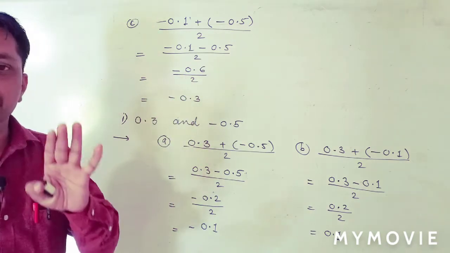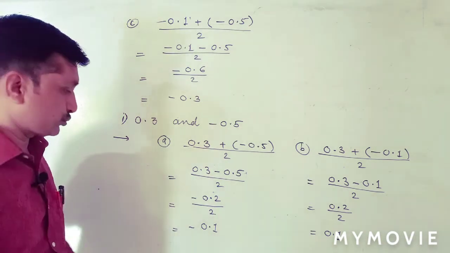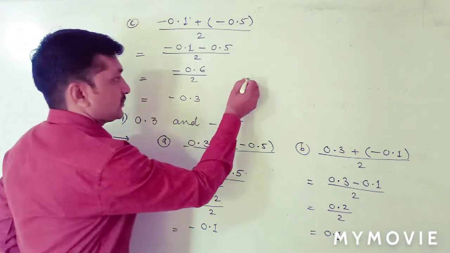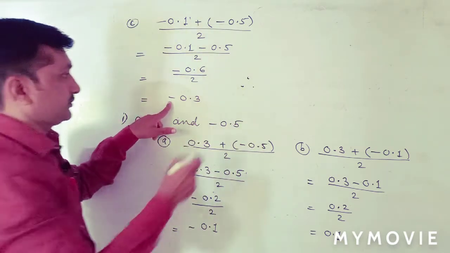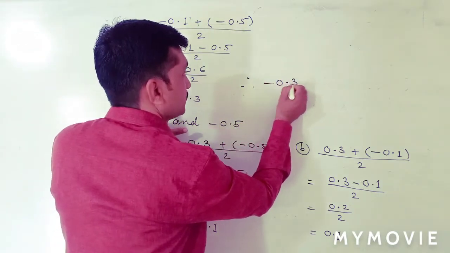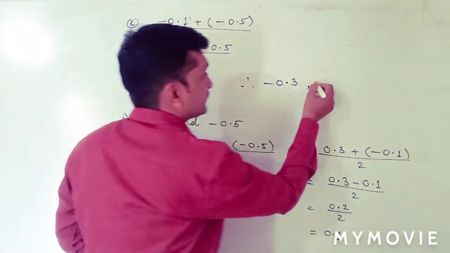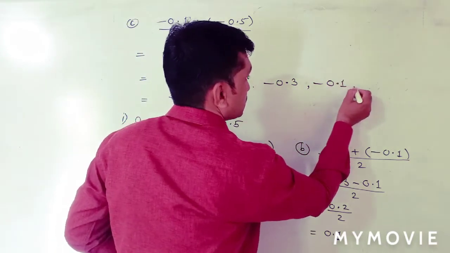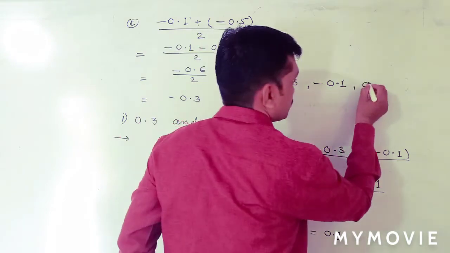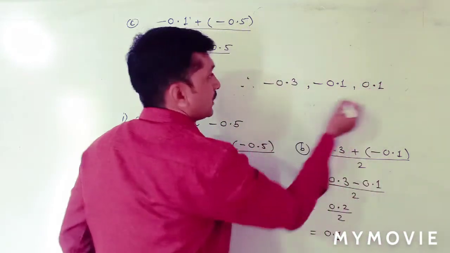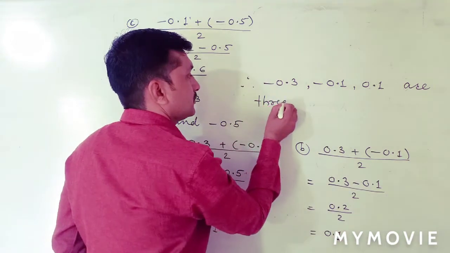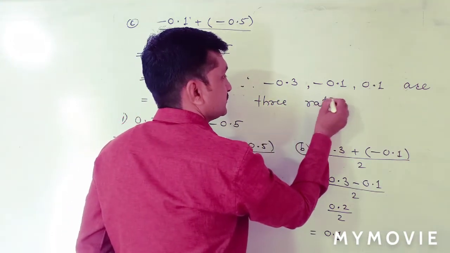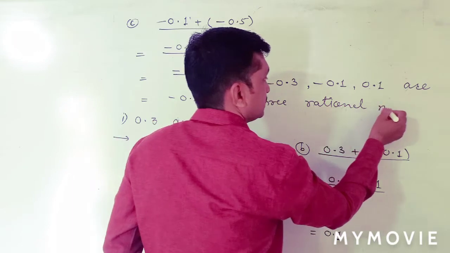In this way we got 3 numbers, those are between these 2. Now arrange them. Therefore, on number line, which number will come first? This one, minus 0.3. After that, this minus 0.1 and positive 0.1 are 3 rational numbers.